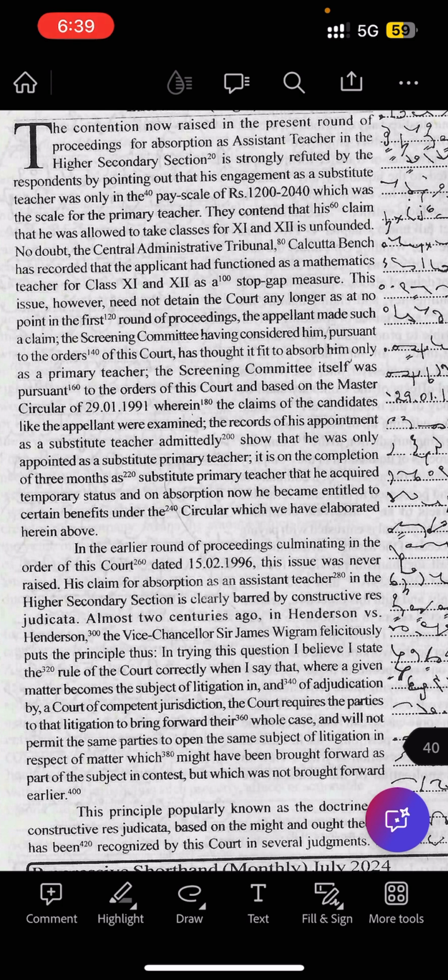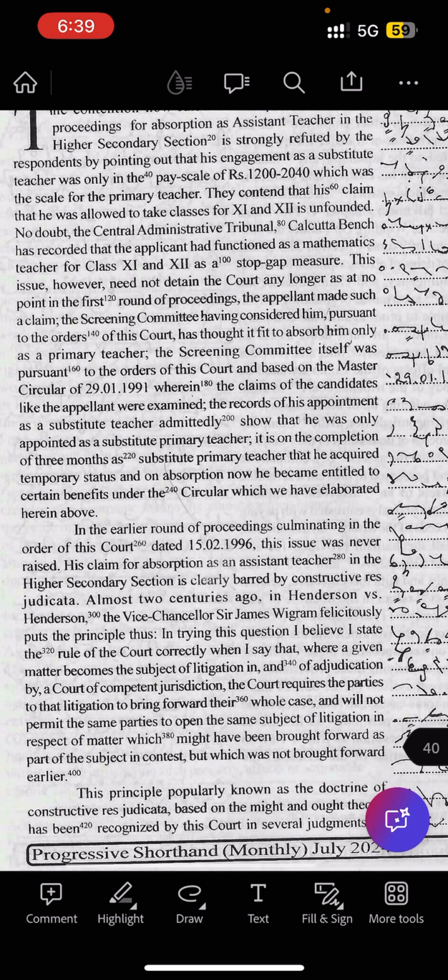They contended that his claim that he was allowed to take classes for 6 and 7 is unfounded.